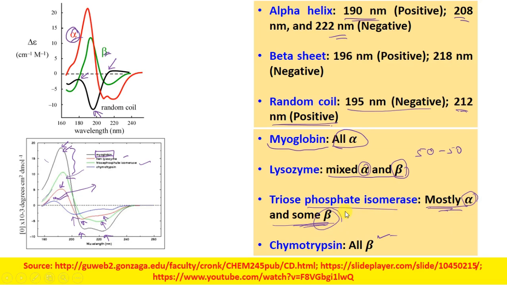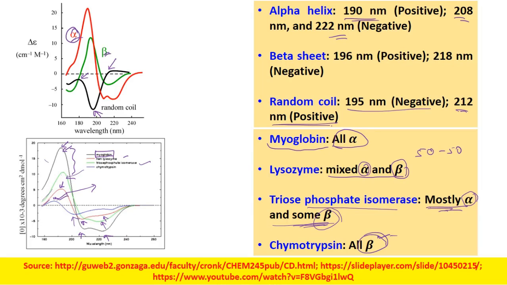You can look into that, or if it is all beta component. So in this way, you will be able to find out what the different types of protein structure are within the protein solution mixture. So with this we completed CD spectroscopy.